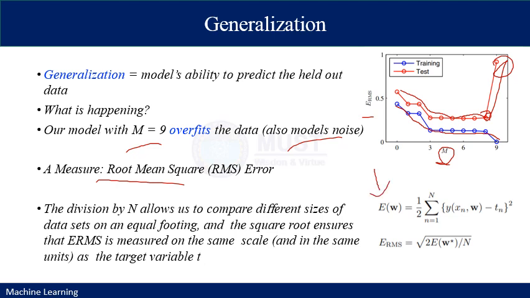Here is the formula to calculate the errors, which is the difference of the model's estimated value from the actual target. The division by n for the root mean square error allows us to compare different sizes of datasets on equal footing, and the square root ensures that the root mean square error is measured on the same scale and in the same unit as the target variable t.